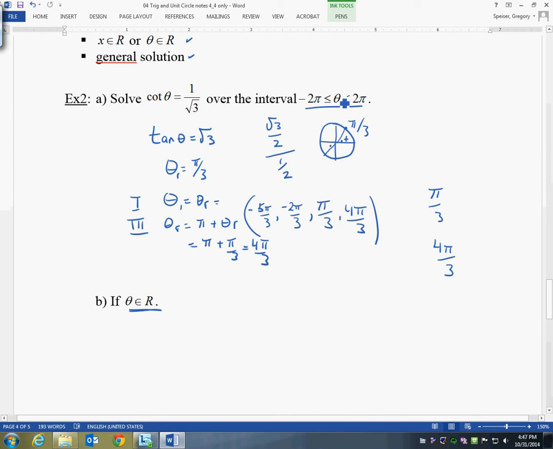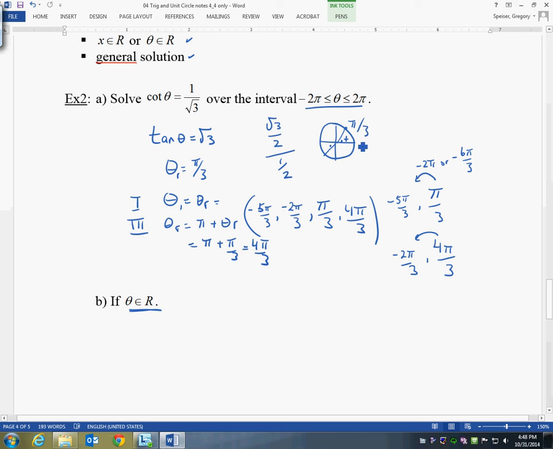In this case, if I added, I would go past my limit of 2 pi, but I could subtract 2 pi, which is the same thing as, in thirds, 6 pi over 3. So if I have 1 pi over 3 and I subtract 6, a coterminal one here is minus 5 pi over 3. And if I subtract 6 from 4 pi over 3, I would get minus 2 pi over 3. And here are my 4 solutions.